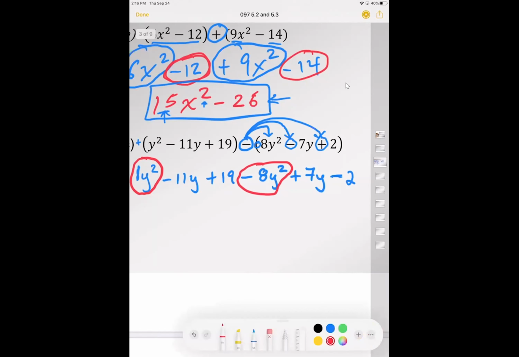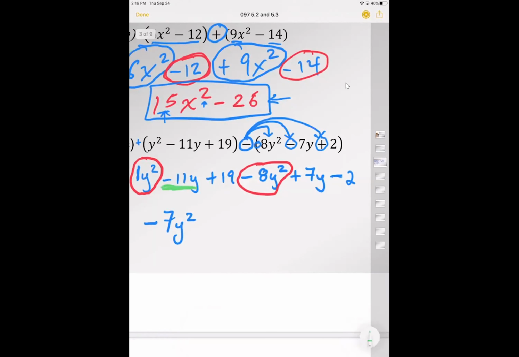In this case, 1 take away 8, a smaller number take away a bigger number, I still have a negative 7. And again, I just bring down my y squared. 1 minus 8 gives me a negative 7, right? Same sign we add, opposite signs we subtract. And when we subtract, we keep the sign of the larger number.